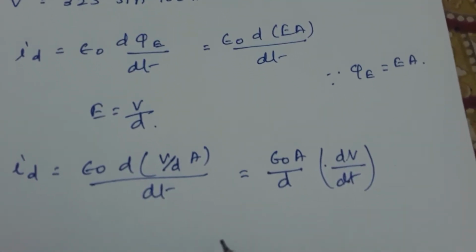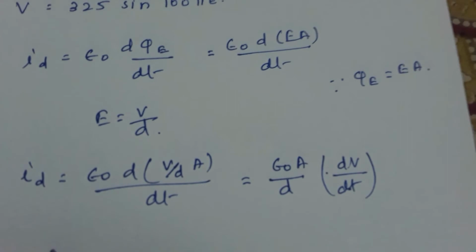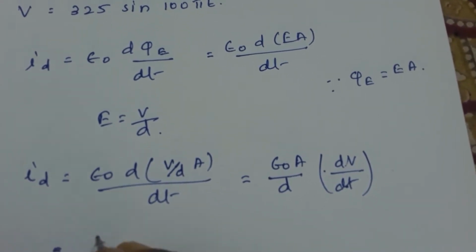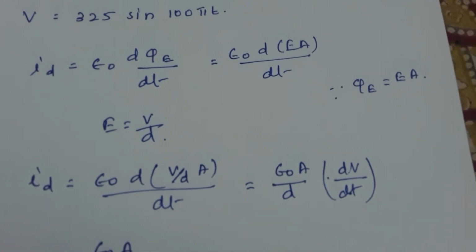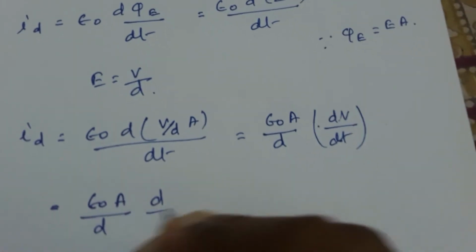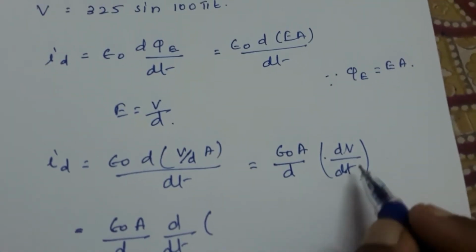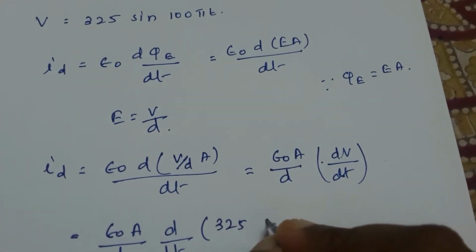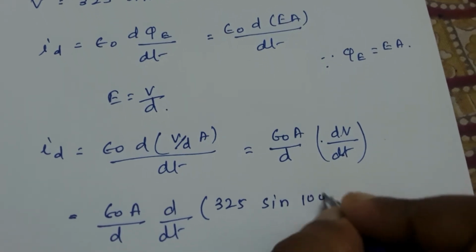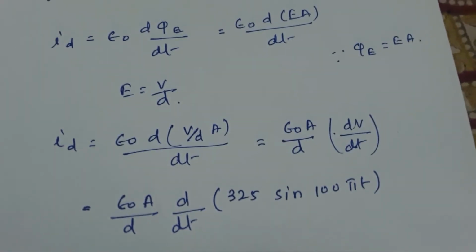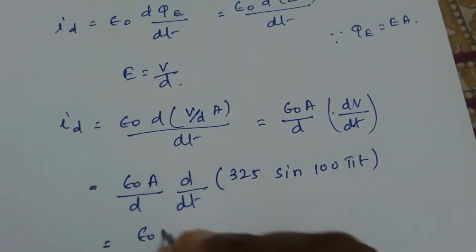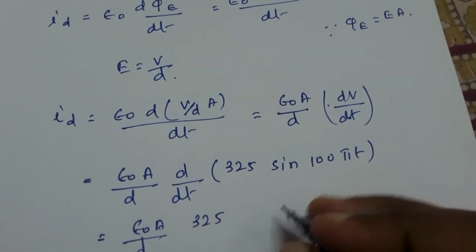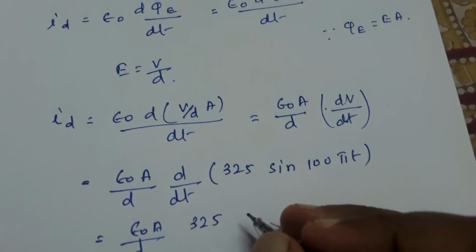Okay. Now I am going to substitute. So epsilon 0 A by D into d by dt of V. V is what? 325 sine 100 pi t. Now if you differentiate this, epsilon 0 A by D, 325, the differential of sine is cos.